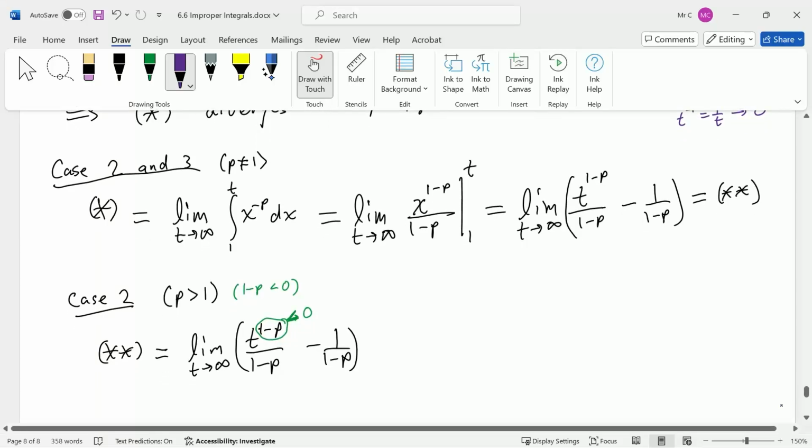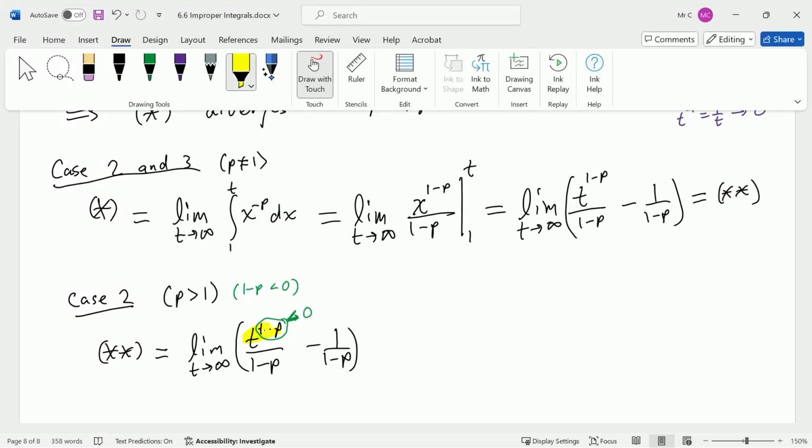So since 1 minus p is negative, that means this whole thing approaches 0. And what I get is negative 1 over 1 minus p, which is the same thing as 1 over p minus 1. And so that implies that the integral converges.